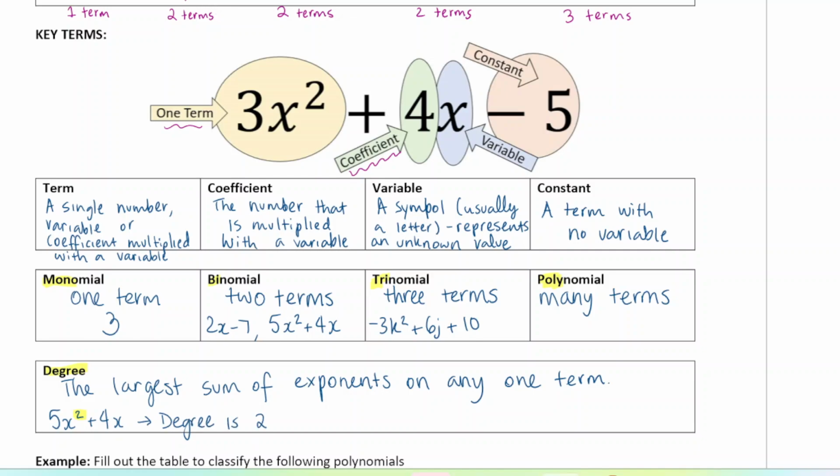Another example, 2x minus 7: there are no exponents written, but technically there is one. We just don't write it. That x technically does have an exponent of 1, so the degree is 1. And if you have more than one letter in one term, like let's say I had 3x squared times y cubed all in one term, then you would add those exponents together. So the degree here would be 5.